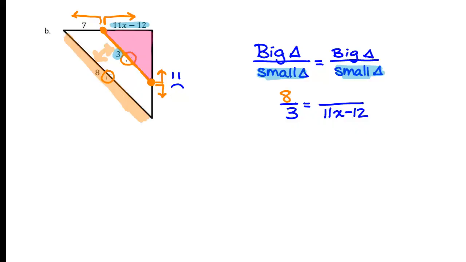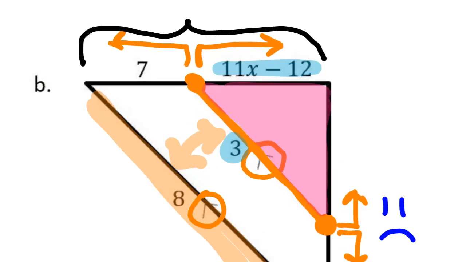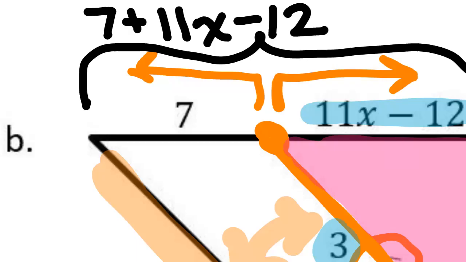For my other numerator, remember, I need the big triangle, right? Do I have this whole side? No. What would I need to do to get that whole big side? Add. Let's do 7 plus 11x minus 12. Do I have any like terms to combine? 7, and it's a minus 12.